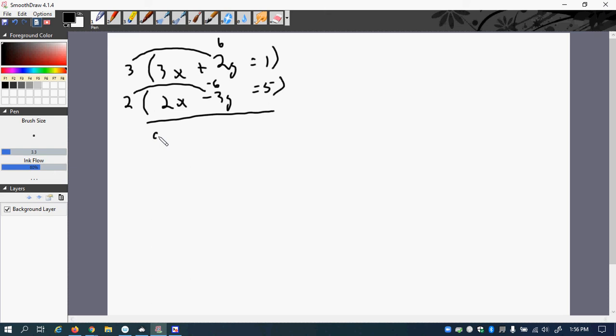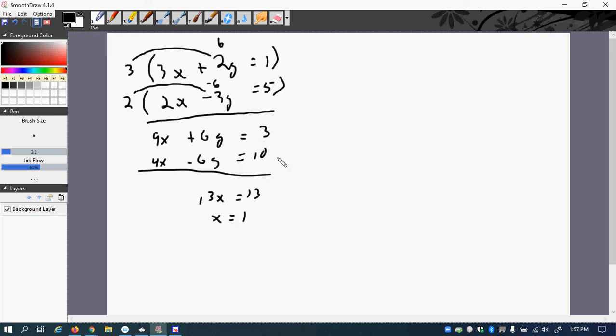So I'd get 9x plus 6y equal to 3. And then I get 4x minus 6y equal to 10. So now when I add, the y's are eliminated. This gives me 13x, and this gives me 13. So x is 1. So now I'm going to put it back into the original equations to see that I get the same answer.